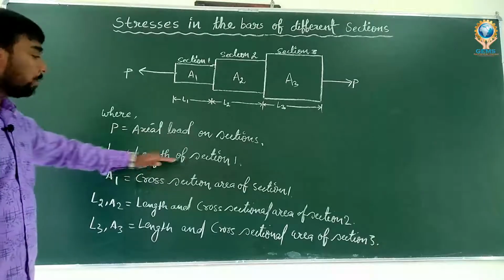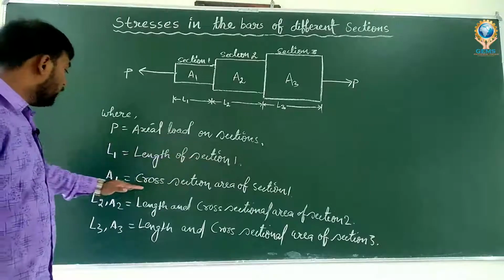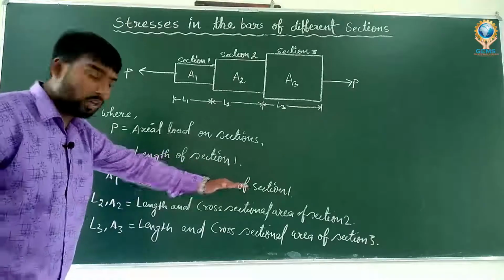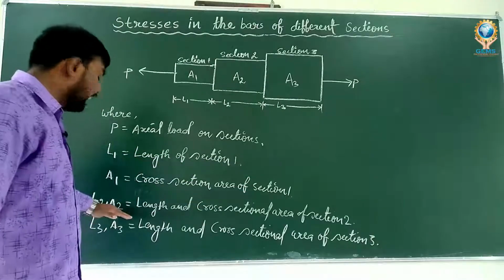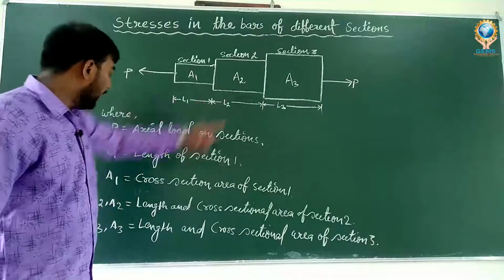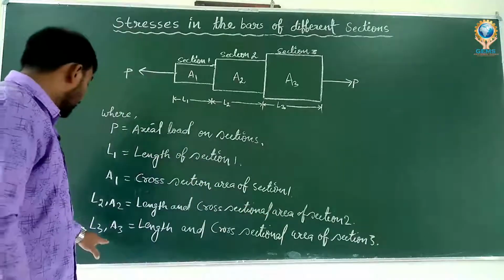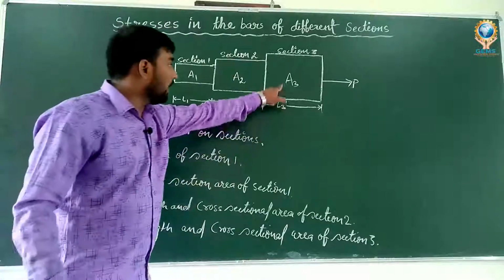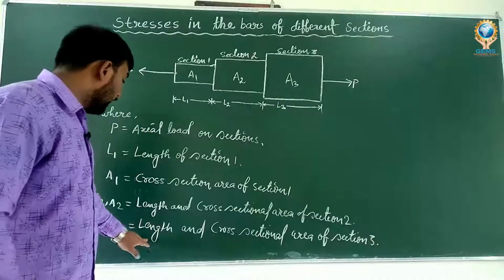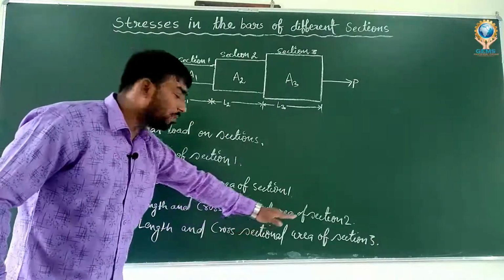L1 is the length of section 1, A1 its cross sectional area, L2 and A2 for section 2, and L3 and A3 for section 3.